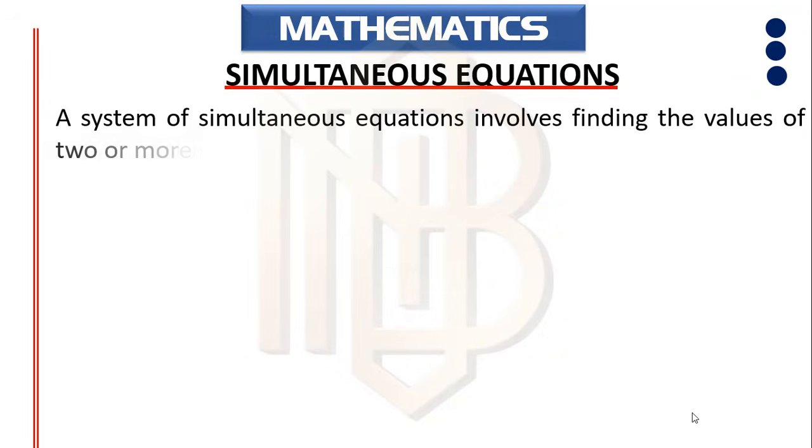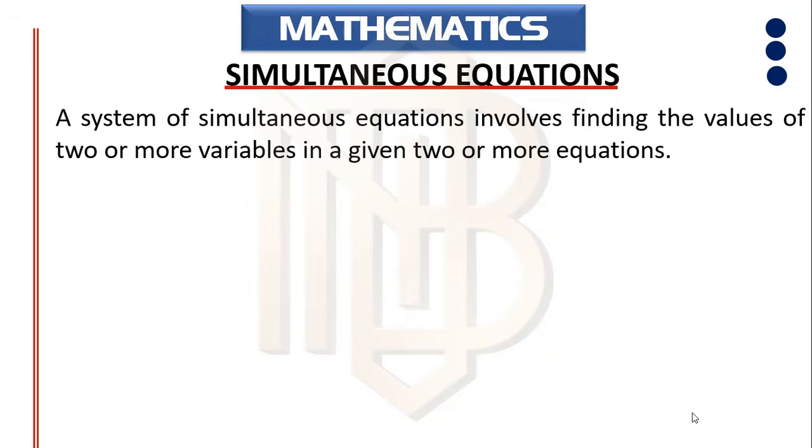Simultaneous equations is a system in which you have two unknowns or more. Yes, you can have two unknowns, three unknowns, four unknowns. So in any case, when you have more than one unknown, more than one variable, you can refer to such a case as simultaneous equations.